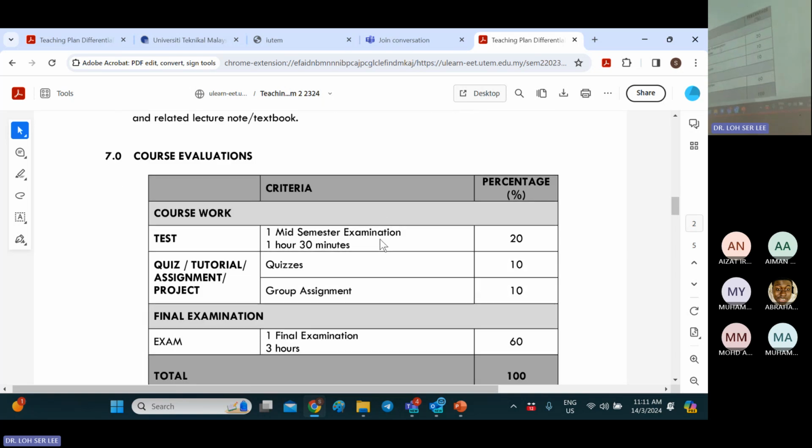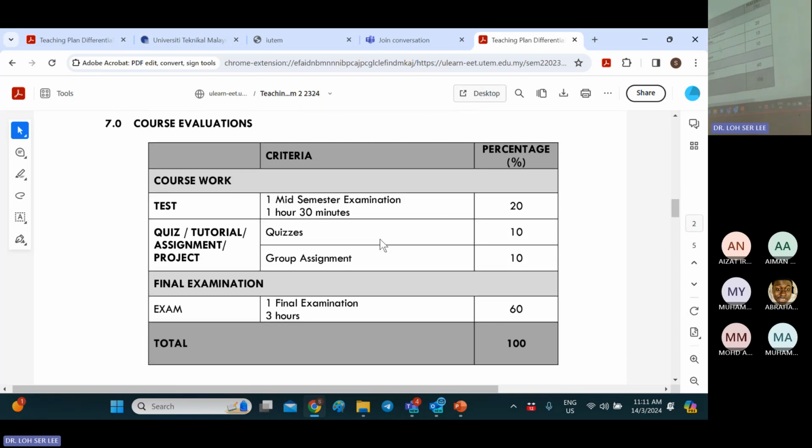Go to this one, the breakdown of the assessment. You will have one midterm test that covers 20%. Quizzes for differential equations, normally there are 2.